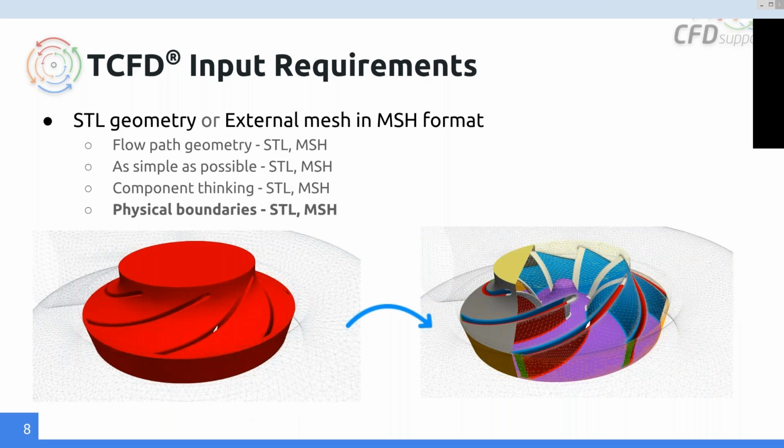Then you need to provide physical boundaries, so separate parts of each component. For example, you need to split your component into inlets, outlets, hubs, shrouds, and blades. The blades can be additionally split into, for example, leading edges, trailing edges, pressure and suction sides, and so on. These physical boundaries have to be defined.